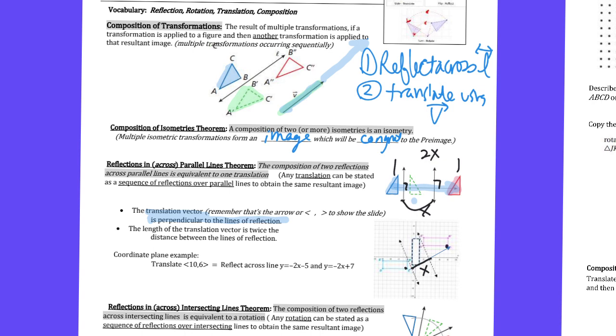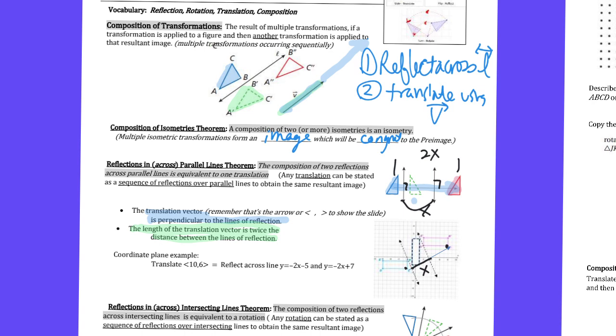I kind of created that from something I found online, and I'm not going to ask you to do that. I'm just telling you it does work on a coordinate plane. It does work in space. So just note that the translation vector and the lines of reflection are going to be perpendicular, and then the distance between them, you're going to double it to get the length of the vector.